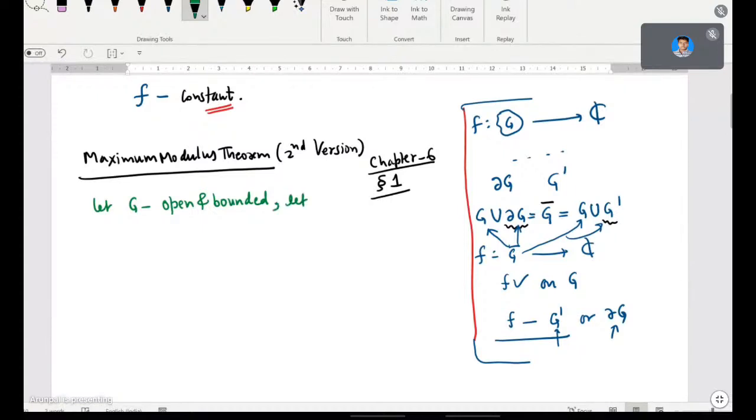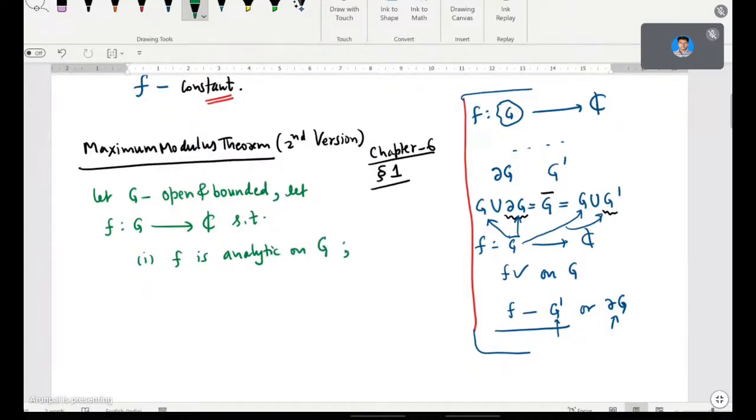Let f be a function defined from G onto C such that number one, f is analytic on G. If you notice, this condition is the same.